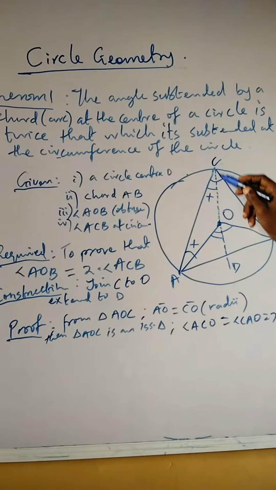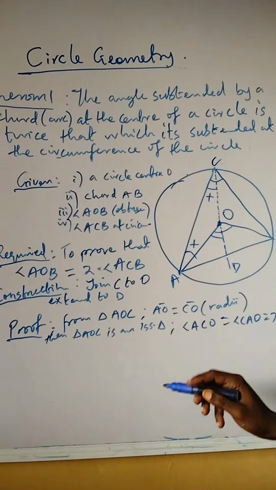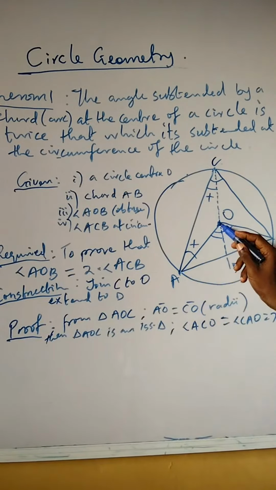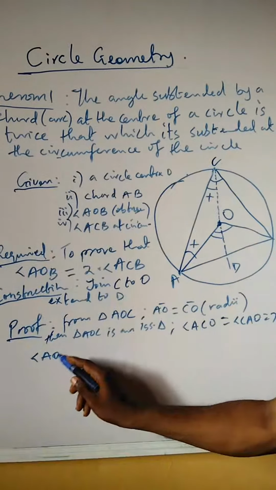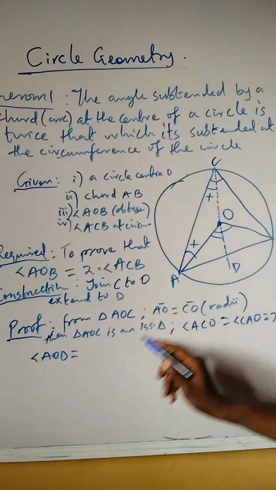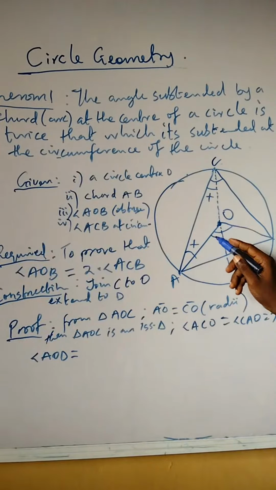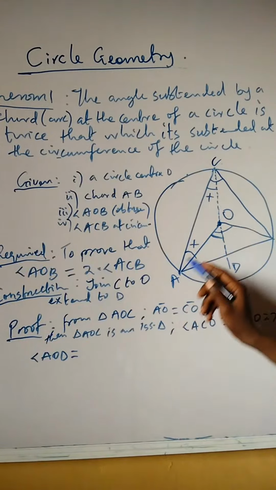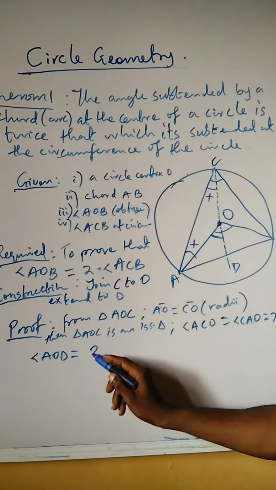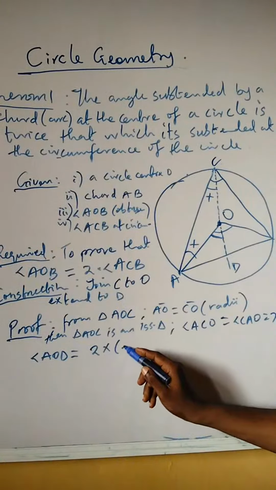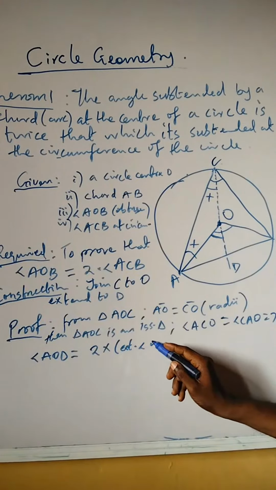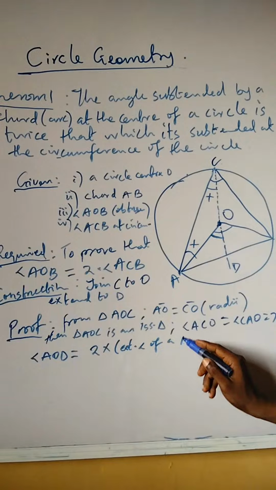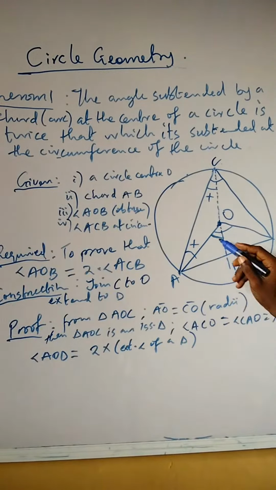This side is extended, which gives an exterior angle, which can be labeled as AOD. So we say angle AOD is an exterior angle, equal to the sum of the 2 opposite interior angles. That's X plus X, which is 2X. That's the exterior angle of a triangle. So this is 2X now.